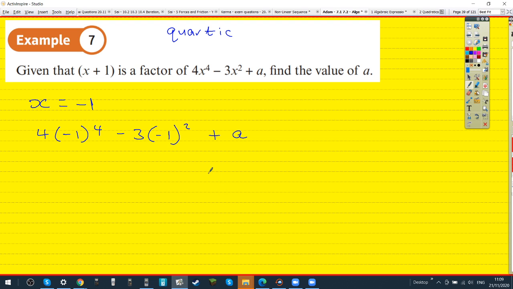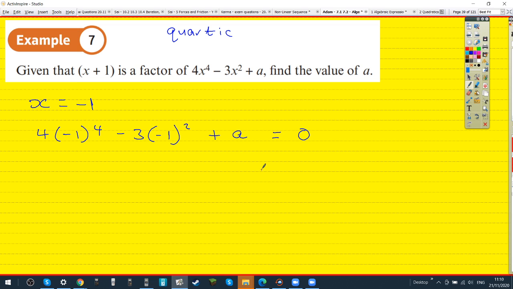Then could you solve it in the calculator? I suppose you could. How would you solve it in your calculator? Would you put a as x? You could. It has to be equal to something though. 0 always equals 0.